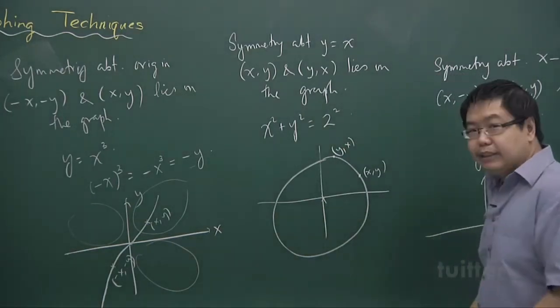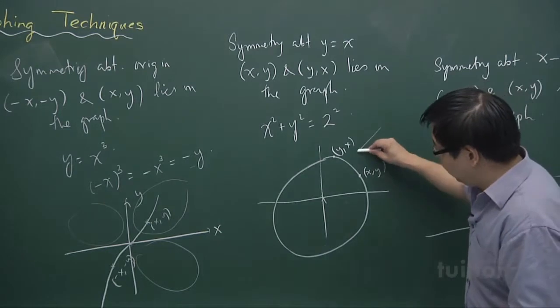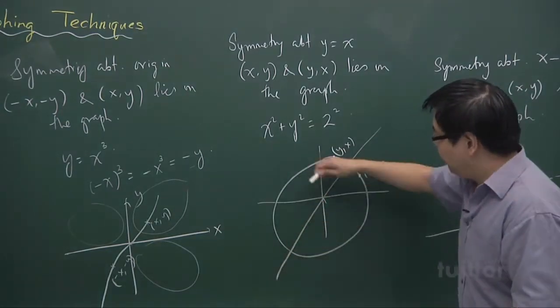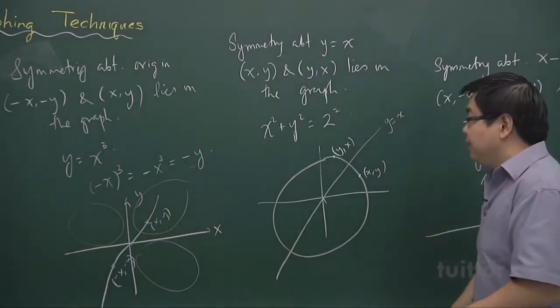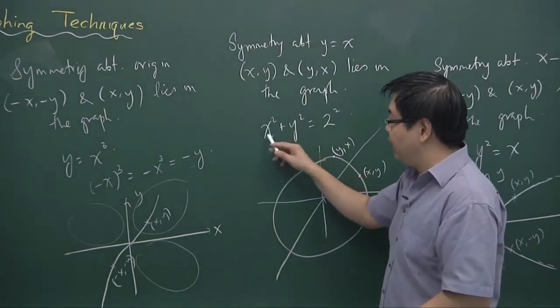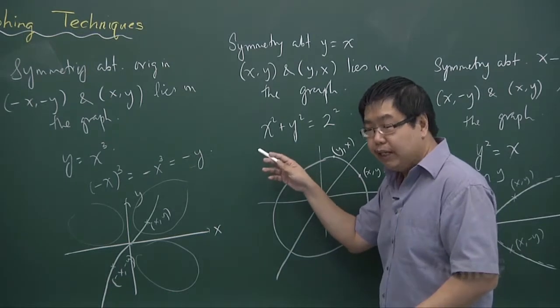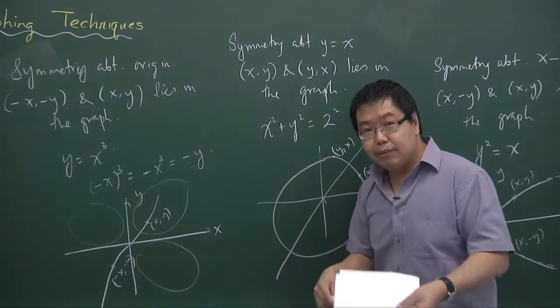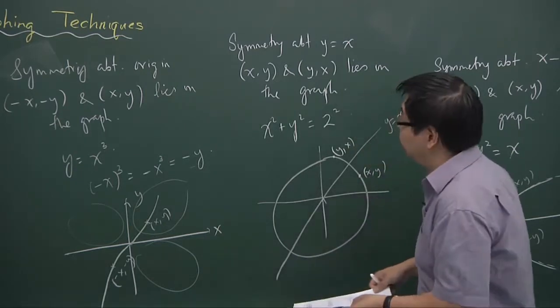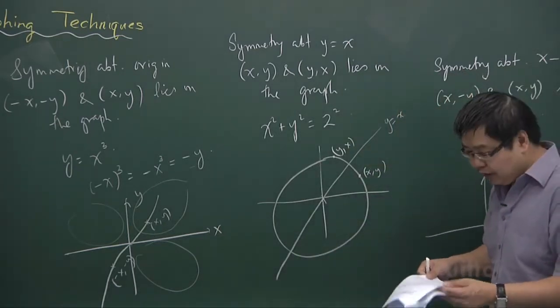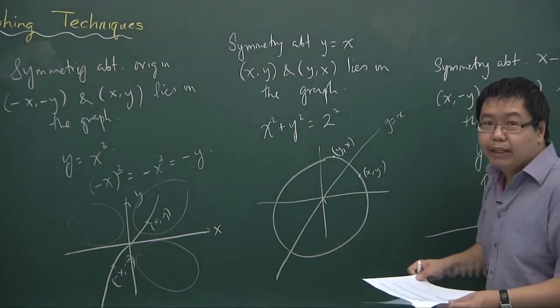They lie on the same graph. So it's actually obtained by reflection about the graph of y equals x. That means if you interchange the x and y values, x replaced by y and y replaced by x, it will be the same as the original equation. This is an example of a case when we have symmetry about y equals x.